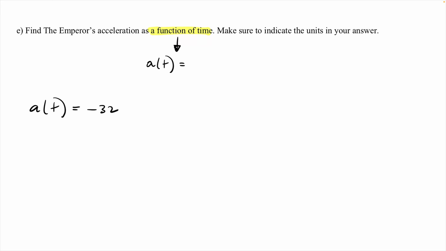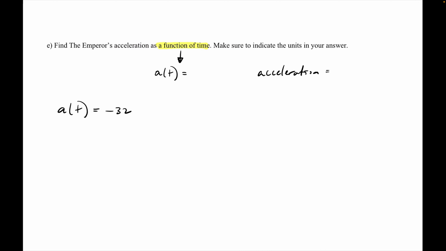Okay? So acceleration. When you're doing acceleration, let me give you that since we haven't done that. It's distance, because it's a rate of a rate. So it's distance over time, but squared.